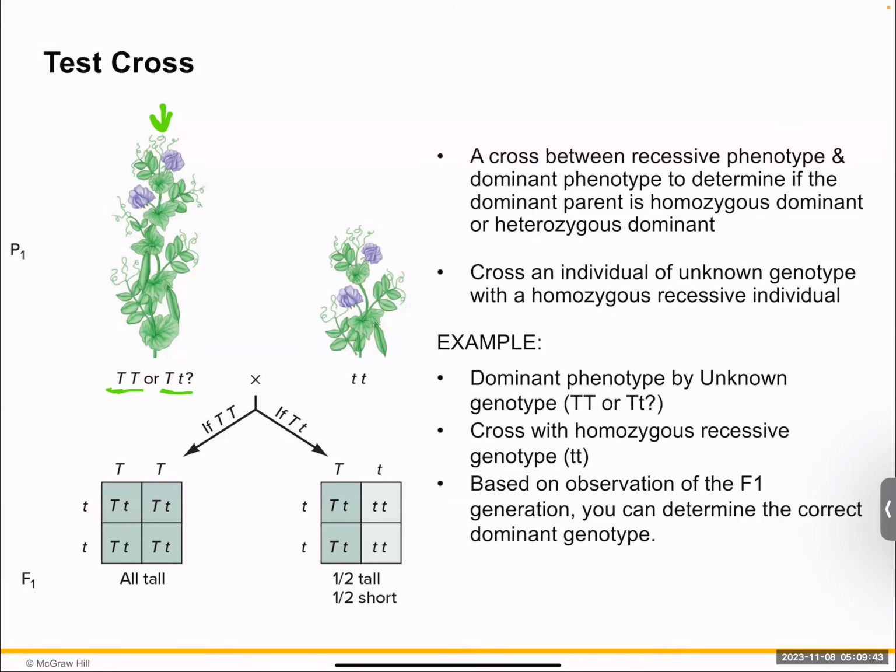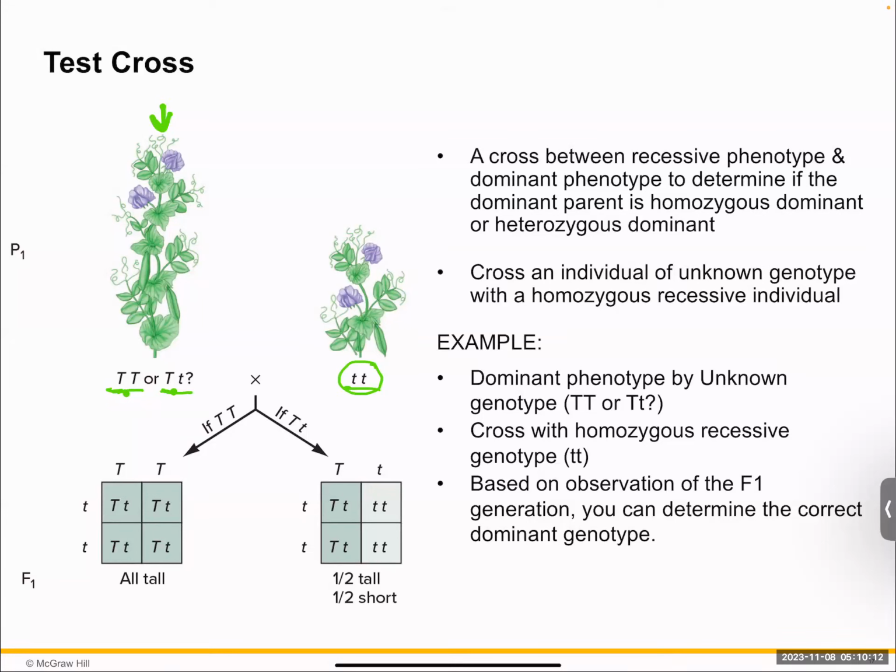So how do I resolve this issue to figure out if this plant's genotype is homozygous dominant or heterozygous dominant? The easiest way to accomplish that is to do a test cross, crossing it with a homozygous recessive.